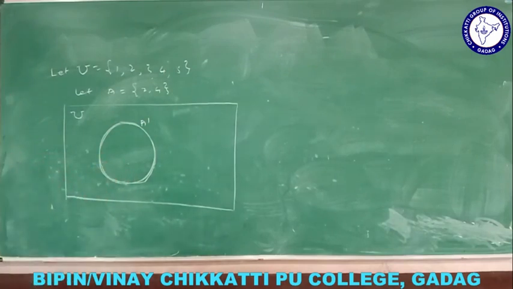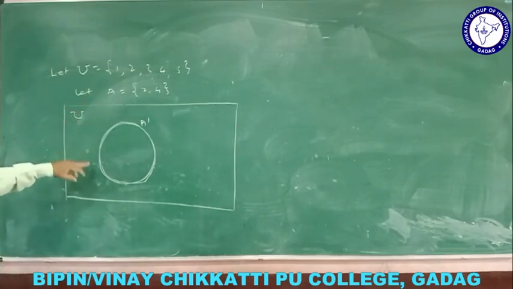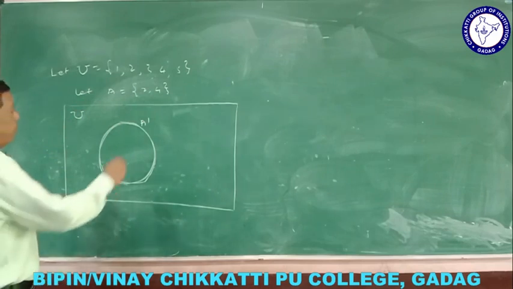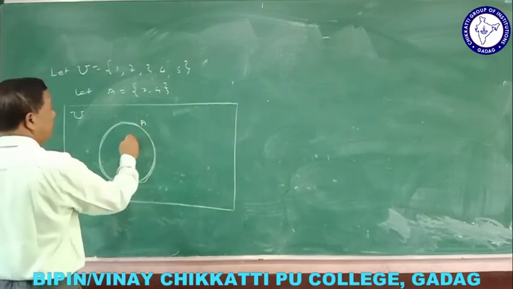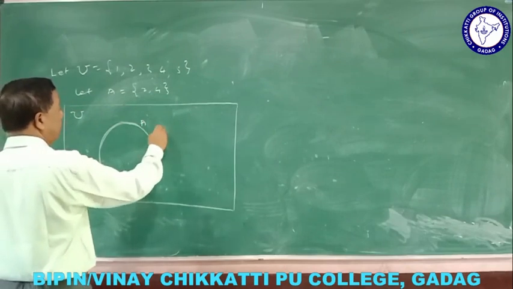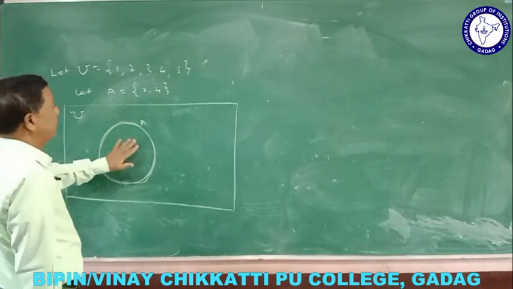So A complementation is only what is not in {2, 4}. If this is A and 2, 4 belong to it, then the A complementation means you have to consider the outside like this.